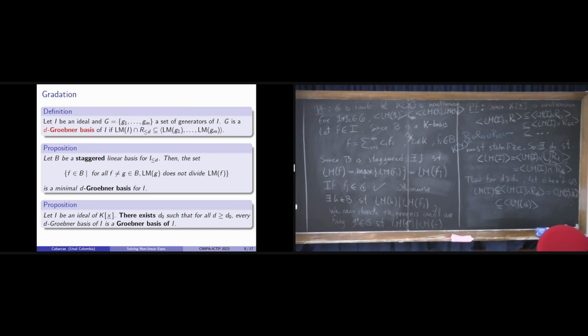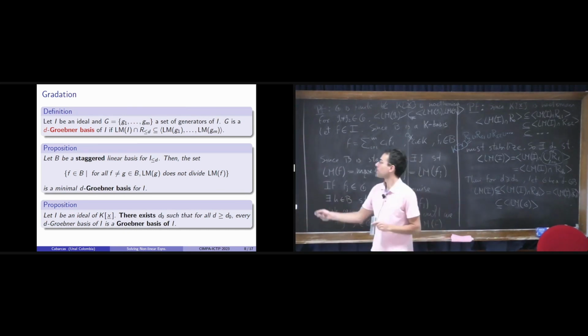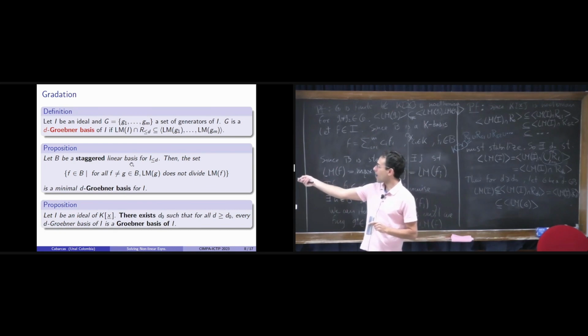You find a staggered linear basis. From that, you get a 1 Groebner basis. If that 1 Groebner basis is a Groebner basis, you're done.